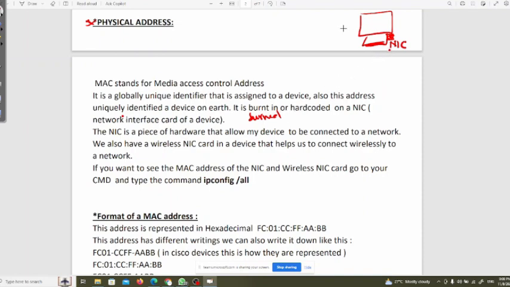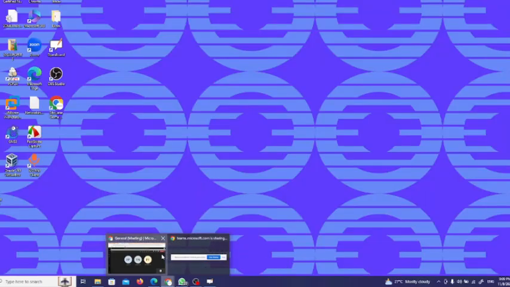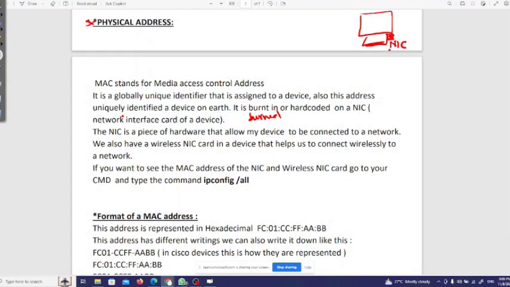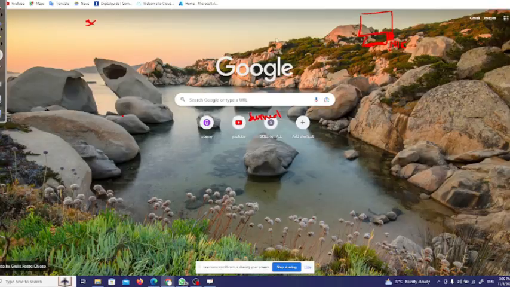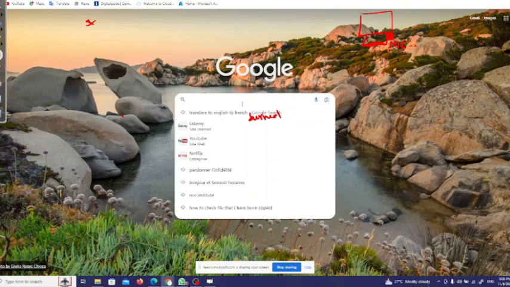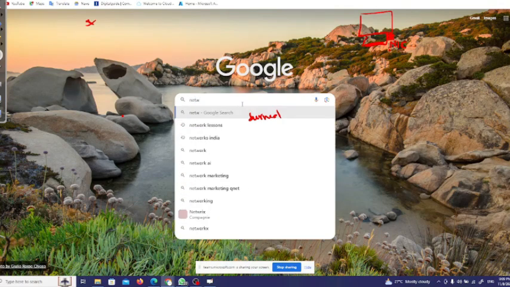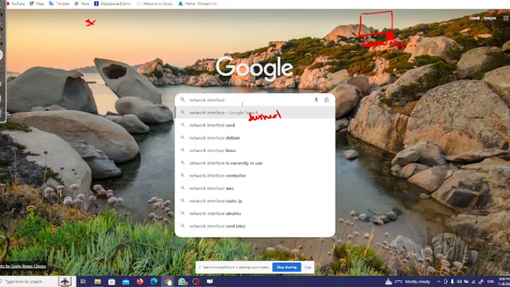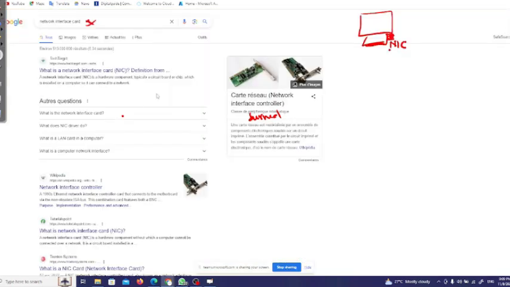So I don't know if you ever came across a network interface card, but let me show you one. Let me show you what a network interface card is.